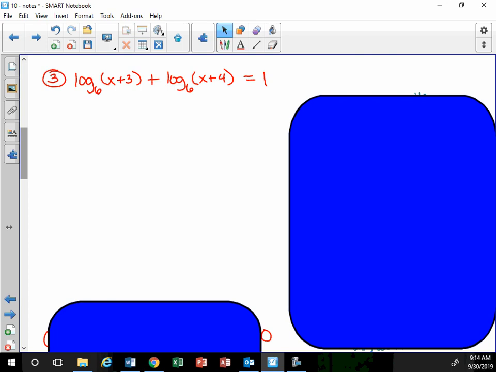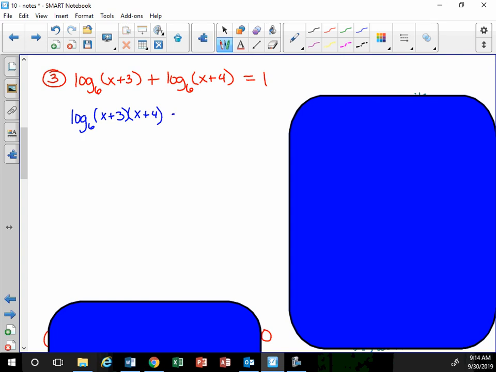Yeah, what do you think we should condense? Condense, yes. We're going to go ahead and condense. I see a plus in between my 2 logs, so what does that mean? Multiply. So this is really log base 6 of x plus 3 times x plus 4 equals 1.